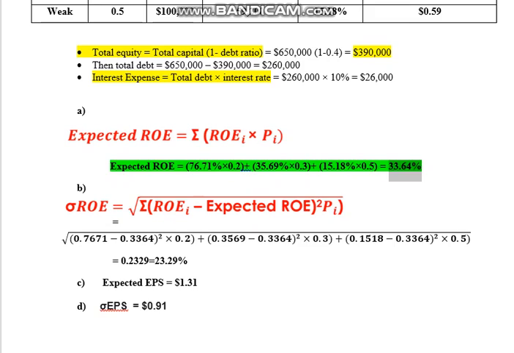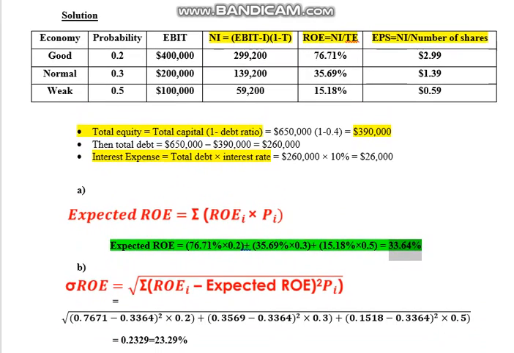So we calculate as follows: the first ROE minus the expected ROE, squared, times the probability of the good economic situation. Second, the ROE of the normal economic situation minus the expected ROE, squared, times the probability of the normal economic situation.